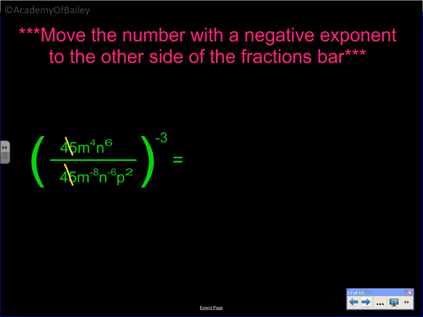So, negative exponent means it's the reciprocal. So on top, I will have whatever's on bottom, and then on bottom, I will have what is on top.